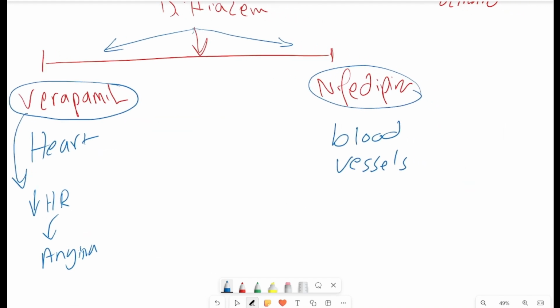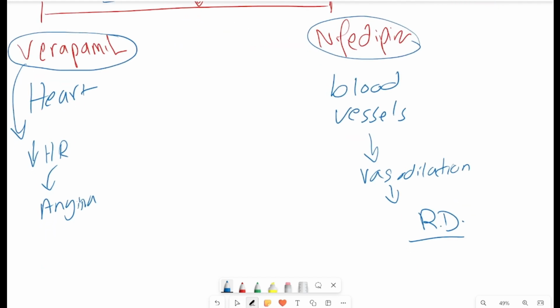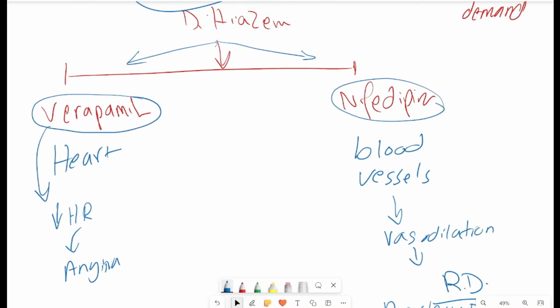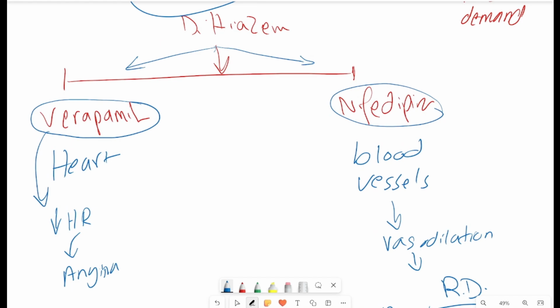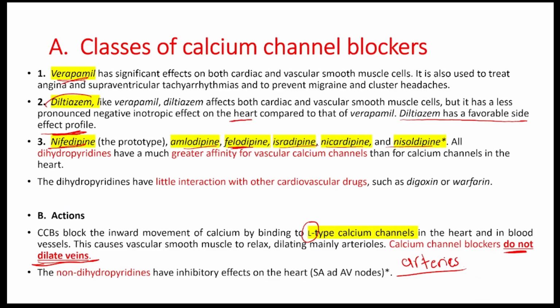This other medication will cause vasodilation, so we prefer to use it for Raynaud's disease or peripheral artery disease. For diltiazem, we have other clinical uses. We are going to cover that later on.